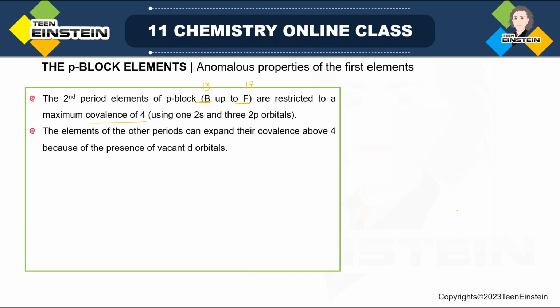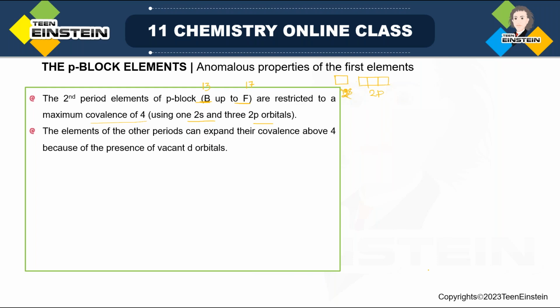That means surrounding boron or any other second period element, you can get a maximum of 4 coordination, and that is because they can use one 2s and three 2p orbitals. Here n is 2 because we are talking about the second period: 2s and then 2p.